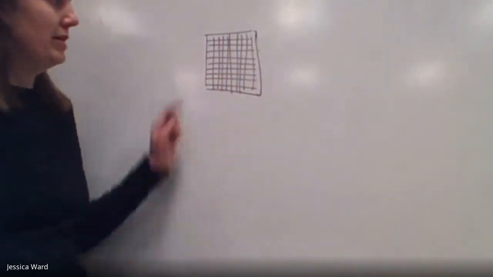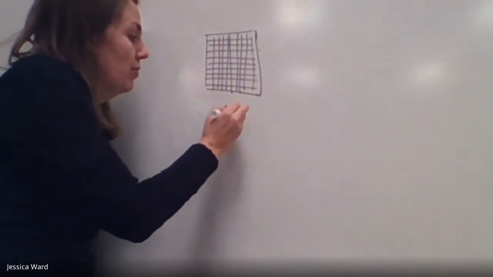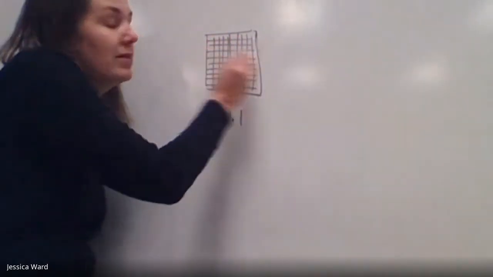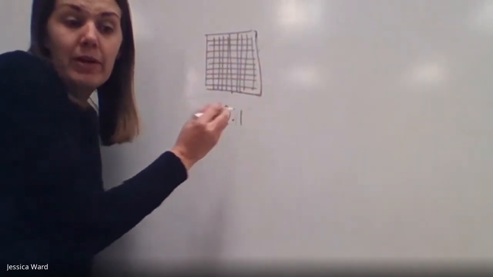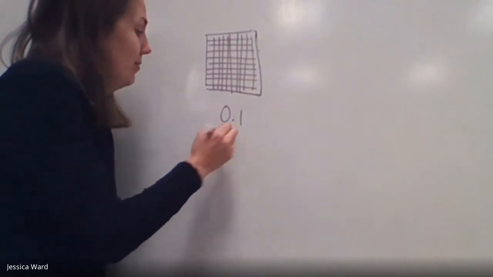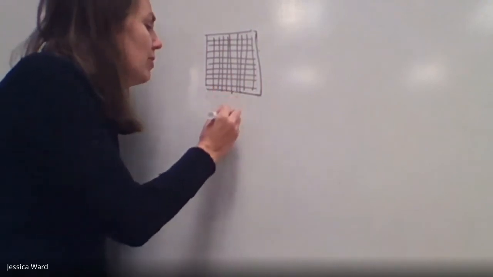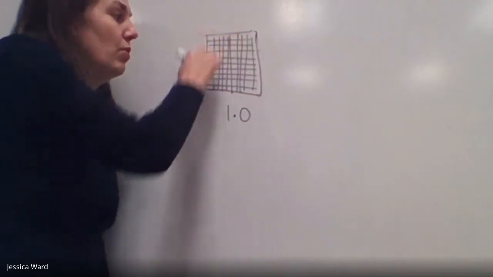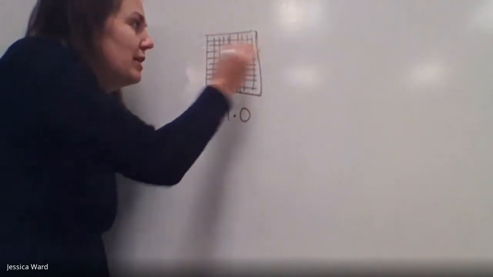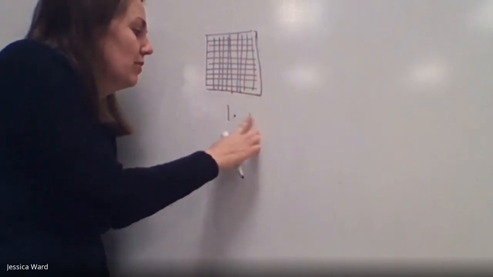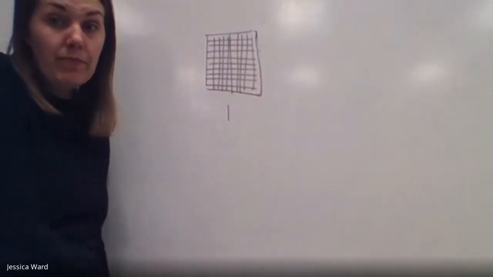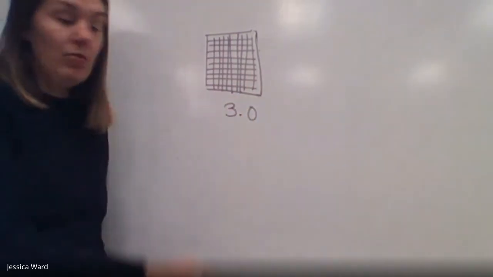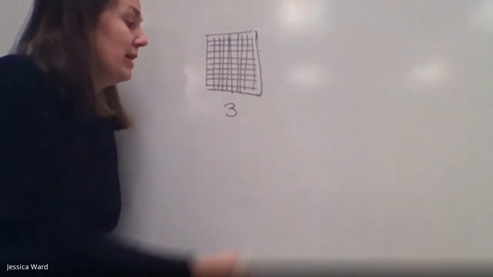One decimal grid represents 1.0, right? So that would be if I shaded this whole thing in. 1.0 would be one whole grid, right? So I would shade in my whole grid to show 1.0 or 1. Now, if I have 3.0, we're thinking of that as 3.